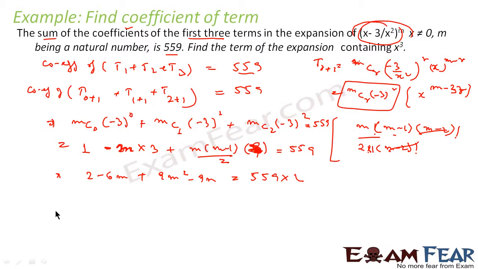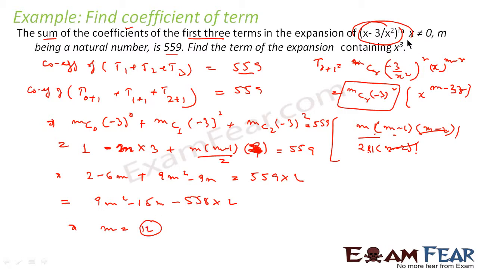If you factorize this, you get 9m square minus 15m minus 1116, equal to 0, that is 558 into 2. If you solve this equation, you get m is equal to 12. This is the value of m. So we have found the value of m.